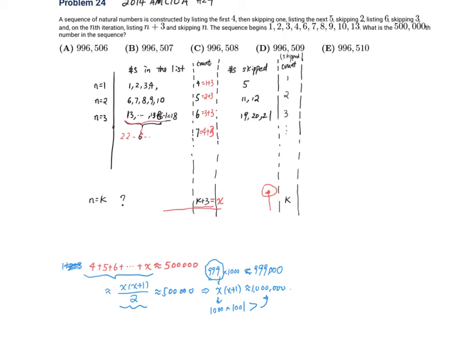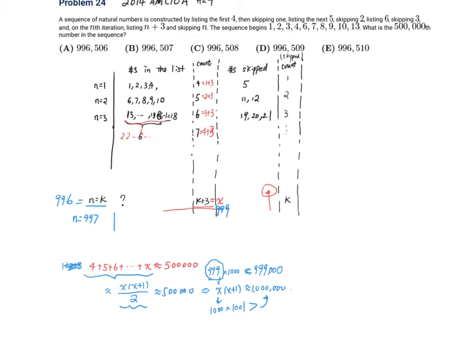This is equal to 999, right? Which implies k is 996. So k is equal to 996. In other words, the 500,000th value in the list is in the 997th block.